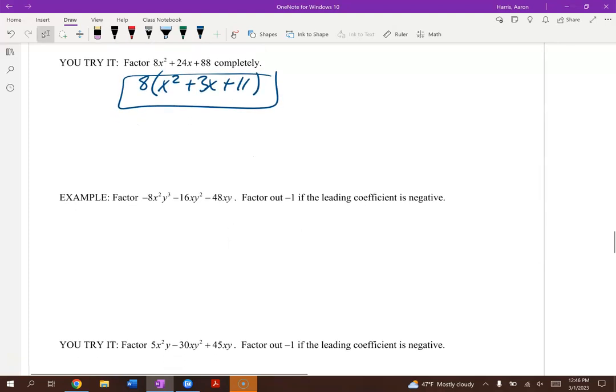This one, let's take a negative out. And what's the biggest number-wise besides a negative 1? What else do I take out? 8. Good, so negative 8. How many x's can I take out? How many y's? 1.